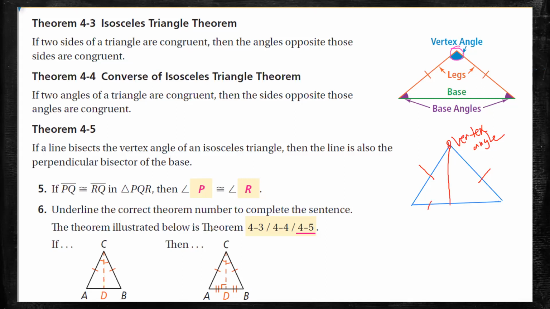The first one, it cuts the base into two equal halves, and also it will be perpendicular to the base. So if a line bisects the vertex angle of an isosceles triangle, then the line is also the perpendicular bisector of the base. It's perpendicular to the base and it bisects the base. It cuts the base into two equal halves.